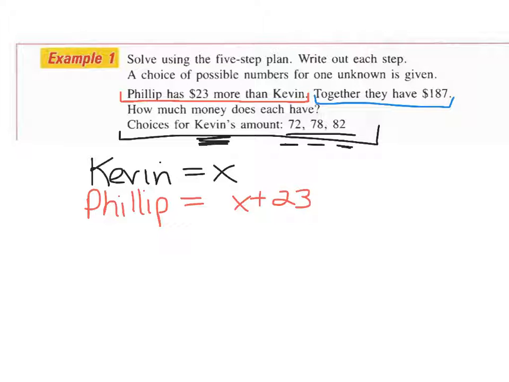So what would the word together tell me I'm going to do with the variables I just defined for Kevin and Philip? Add them. So together, Kevin plus Philip, and you can put it in parentheses or you really don't need to in this particular problem, and it says together they have $187. So I've reread the problem. I found my equation that I'm going to use, and that will represent the relationship between the quantities.